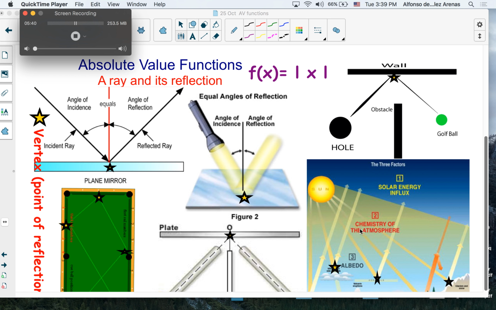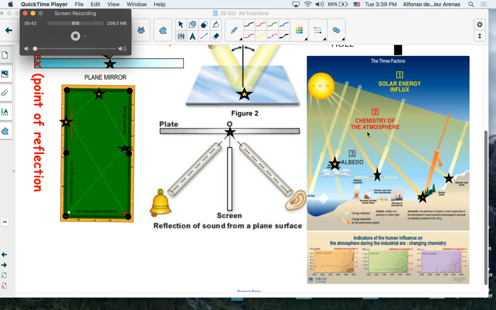Or maybe here in the greenhouse effect, when the sunbeams come through the atmosphere, then they are projected, making a V shape. Okay, V shaped after being projected. Okay, these V shapes are called absolute value functions, and sometimes those V shapes open up or sometimes open down. Also in billiards, you can also produce V shapes to play and win a game.